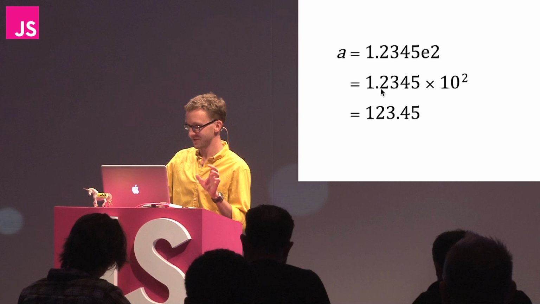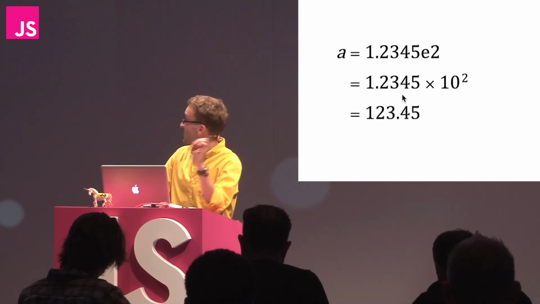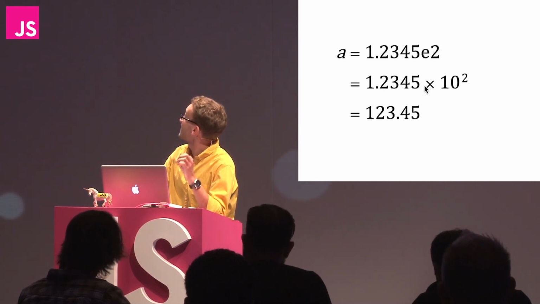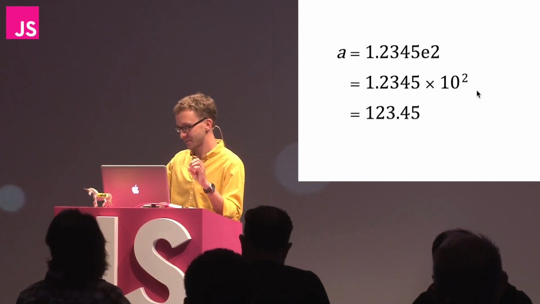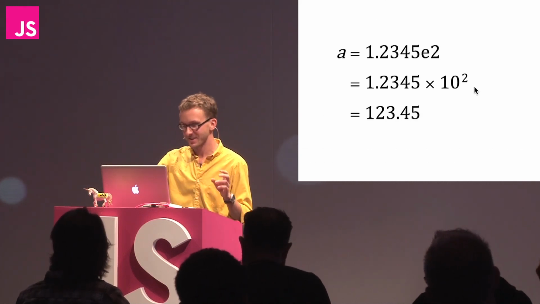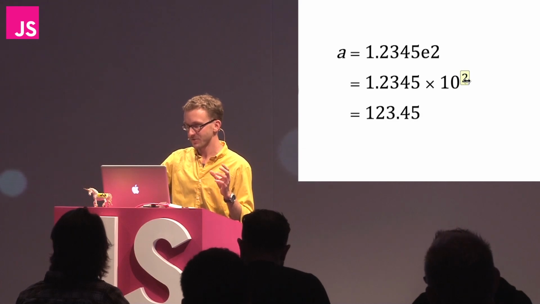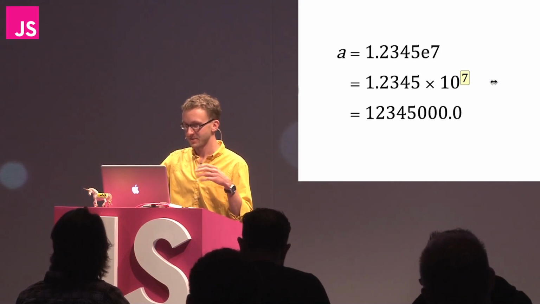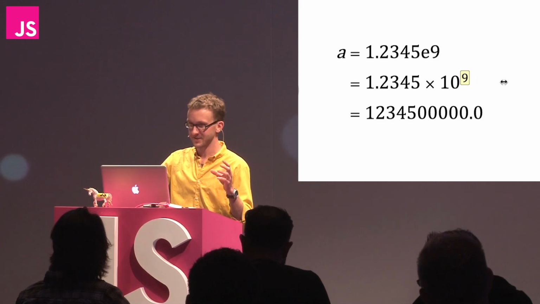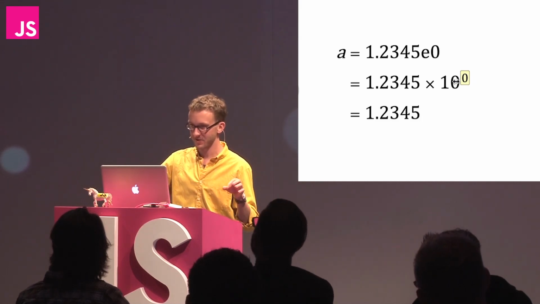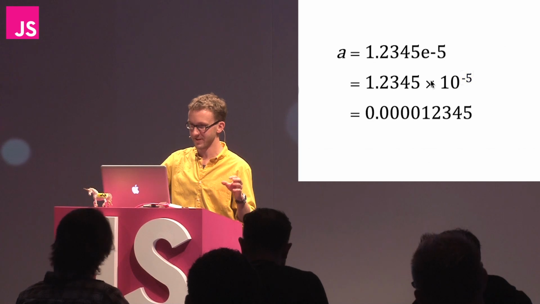It's also called significand. And we compute the number by multiplying it times 10 to the power of the exponent. So the exponent is kind of a scaling factor. The bigger the exponent gets, the bigger our number will be, and the smaller the exponent gets, the smaller the value of our number will be.